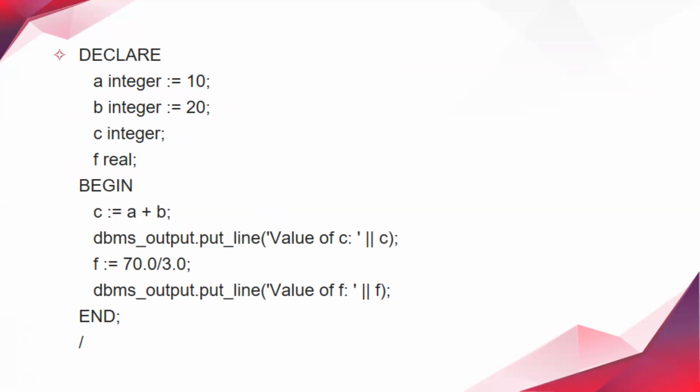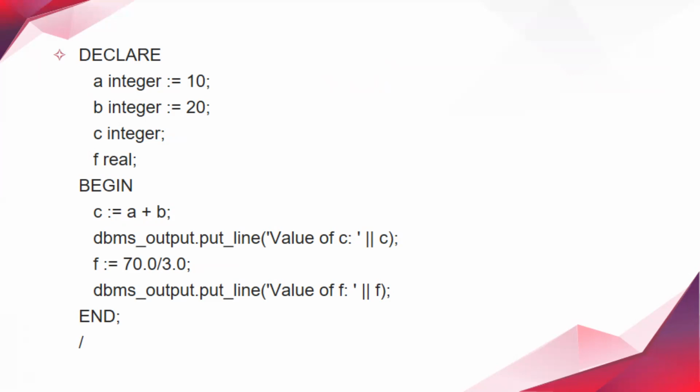So here we execute the addition program. Whenever you use an assignment statement, I mean the equal to symbol, you must use the colon mark before that. That is the syntax for your PL/SQL block. So C := A + B.